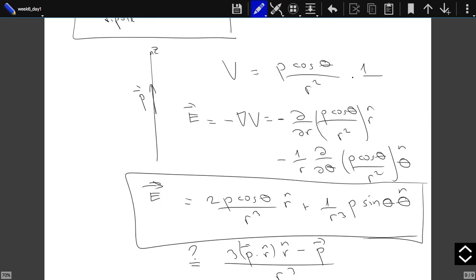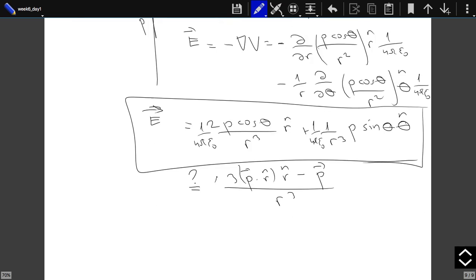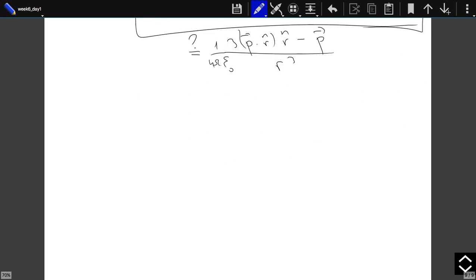And let me add the 1 over 4 pi epsilon zero. And this is how it will look.